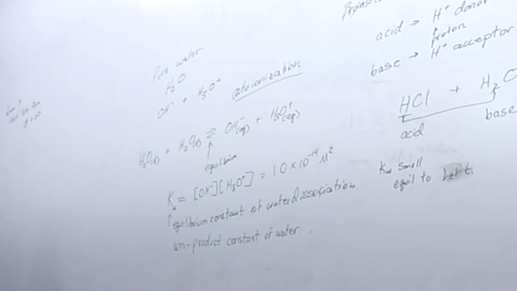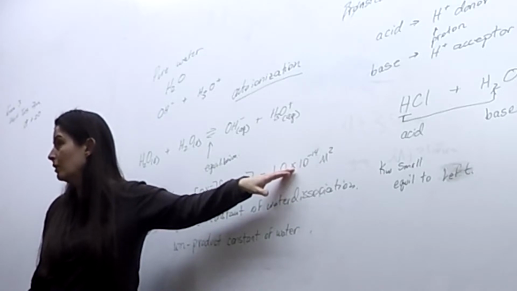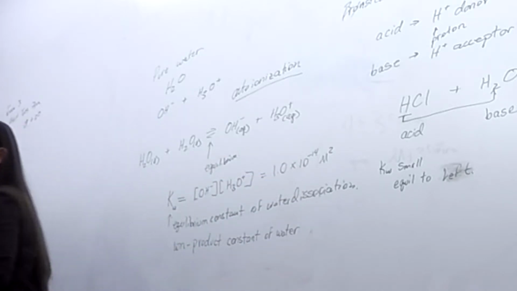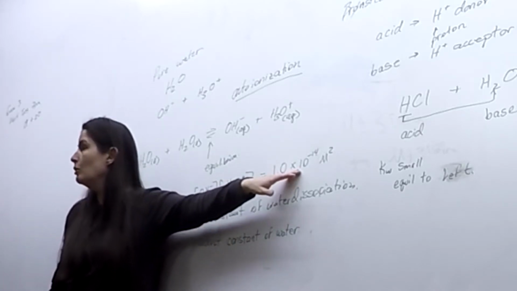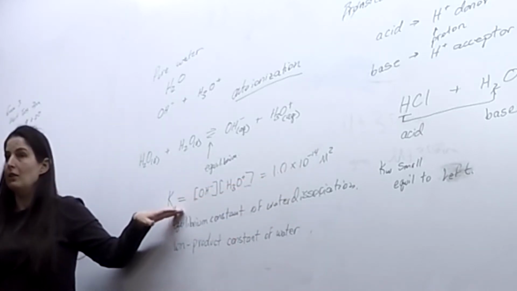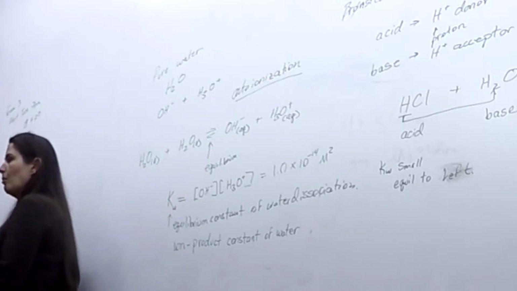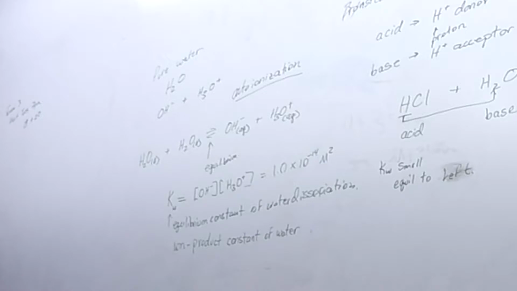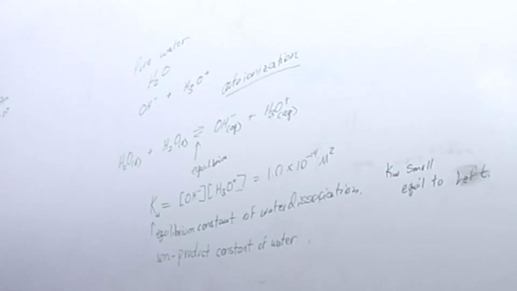So you have to make sure you're always going back and relying on this constant when you are working in a solution of water. Because if the equilibrium constant for your solution is close to or less than this, you will have to take into account the equilibrium of water. All right, so always keep that in mind. But in most cases, your equilibrium constant will be higher than the dissociation of water, this ion product constant.